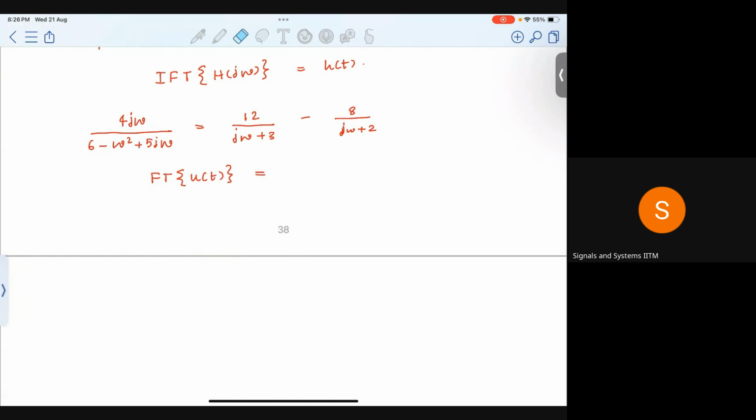Satyam, correct? Yes, ma'am. So what is the Fourier transform of the step function? Pi delta omega plus 1 by j omega. Yeah, so this is the Fourier transform of the step function.